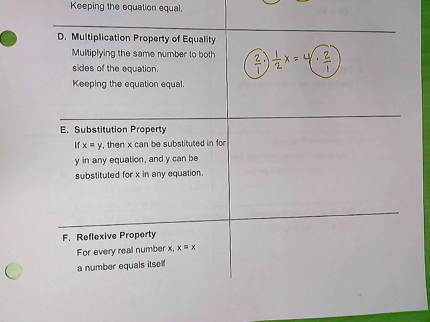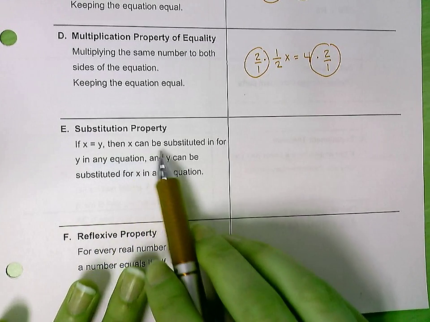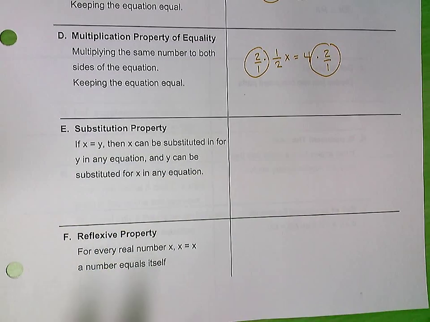Next I have this substitution property. You've seen substitution a couple times here. If I have x is equal to y, then x can be substituted in for y in any equation, and y can be substituted for x in any equation.